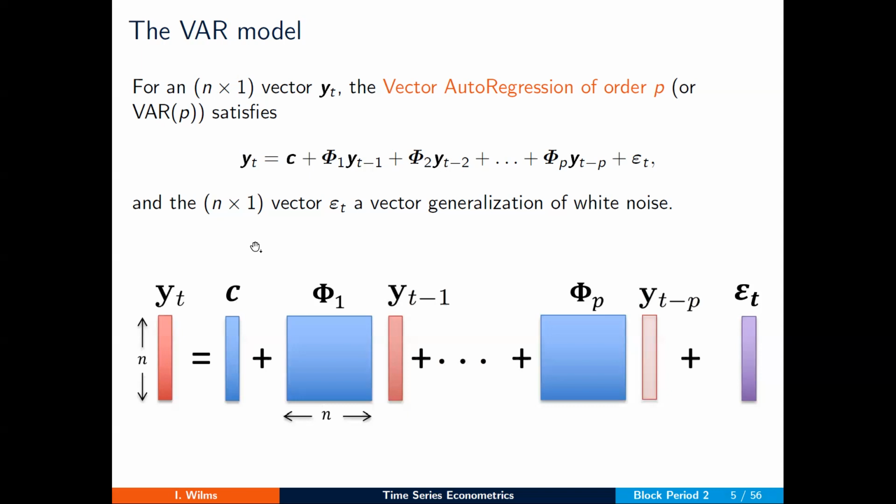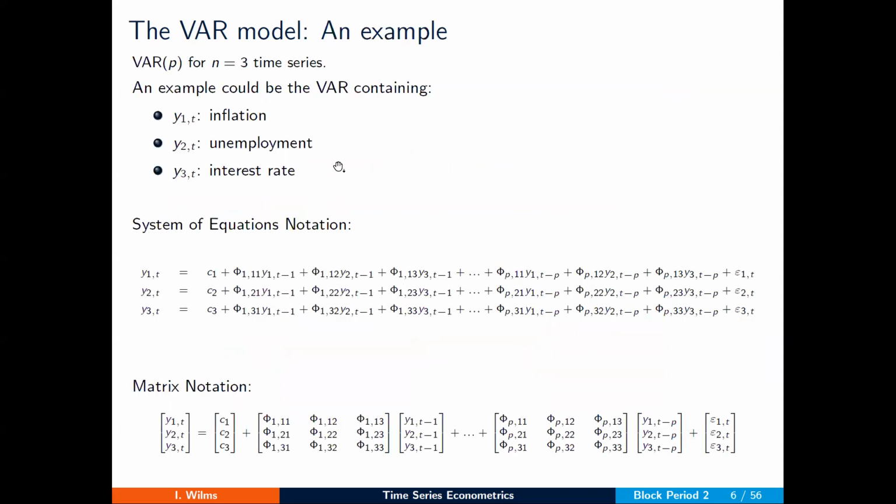To have a closer look at the model equation of the VAR, consider this example with three series: inflation, unemployment, and interest rate, let's say. Now, each series gets its own model equation, and we model Y1, Y2, and Y3 jointly. We model Y1 not only as a function of its own lagged values, but also as a function of the lagged values of all of the other time series in the system.